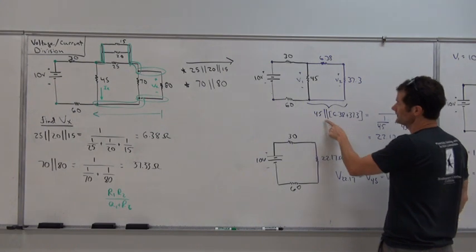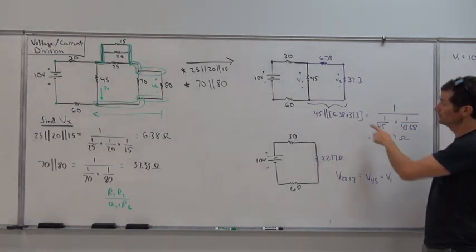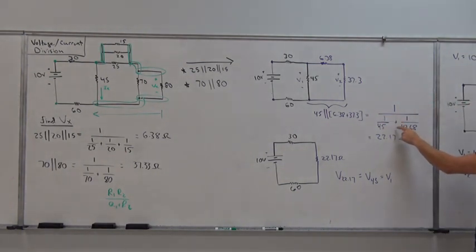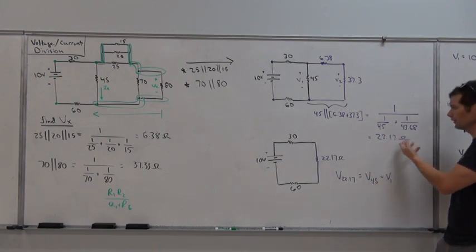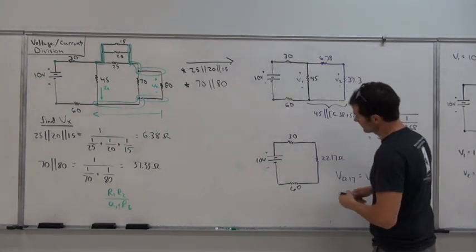And sure enough, 45 is in parallel with the series relationship of 6.38 plus 37.33 ohms, so 1 over 45 plus 1 over 43.68. And that comes out giving us an equivalence of 22.17 ohms. So guys, let's look at the nodes once again.